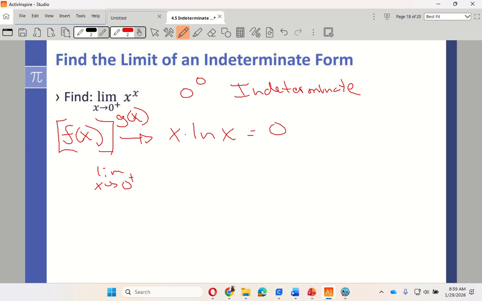Anything times 0 is 0. But it's from the right hand side. It's not at 0. So technically, it's going to get closer and closer, so it's a small number. But this one right here is going to give me 0. 0 times that small number is going to give me 0.